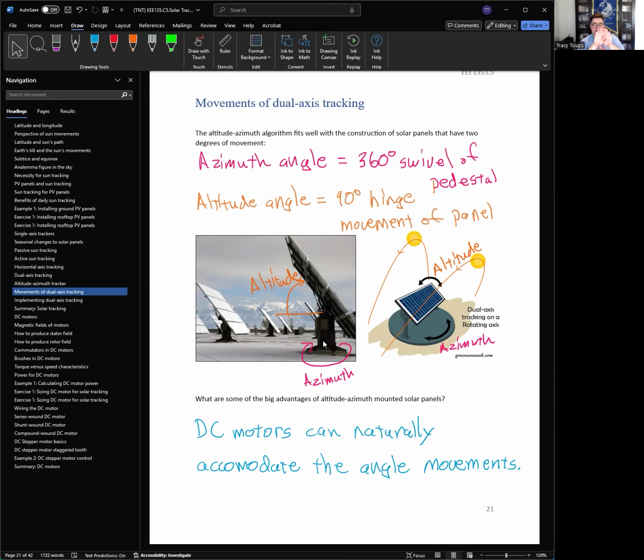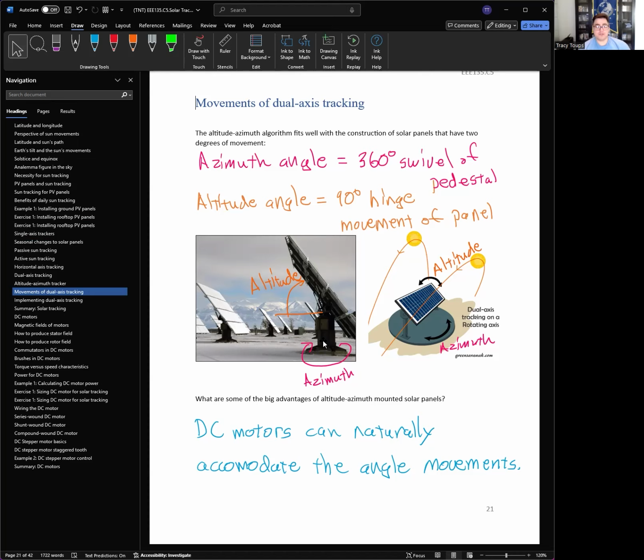So we have a DC motor to do that. And then once I get the correct azimuth angle, I could tilt my chair back like this and then get the altitude angle, right? So that's how these solar panels work. It's literally like your computer chair where you're swiveling and then tilting back.